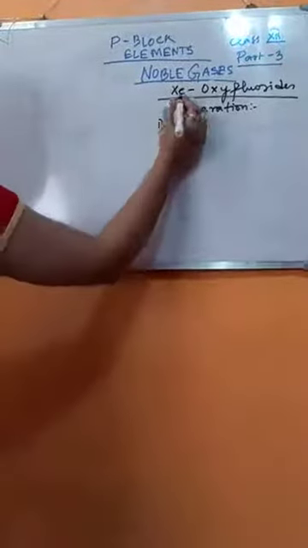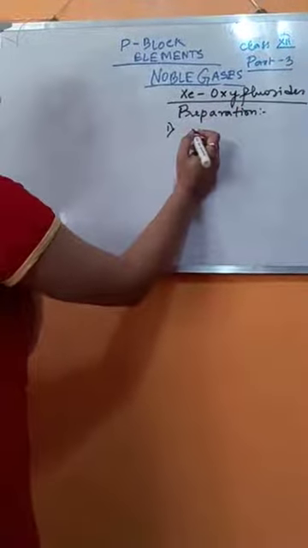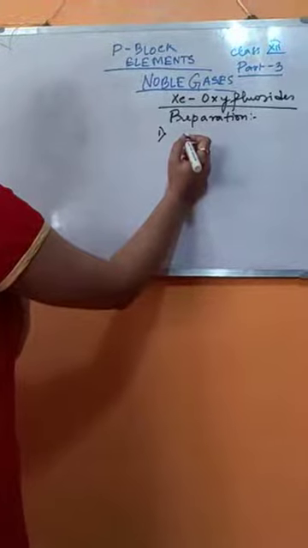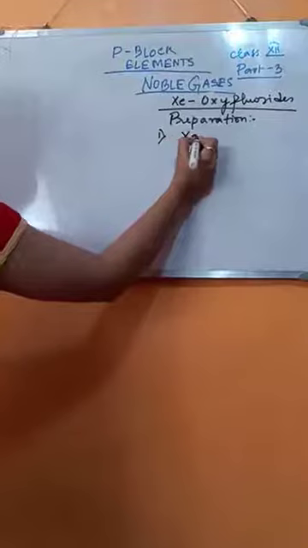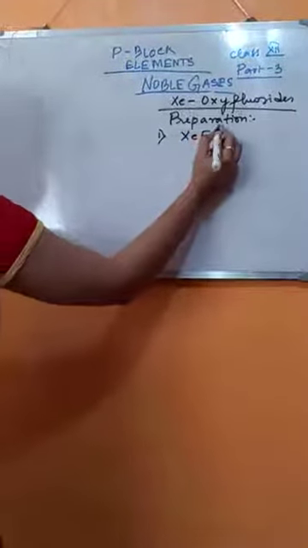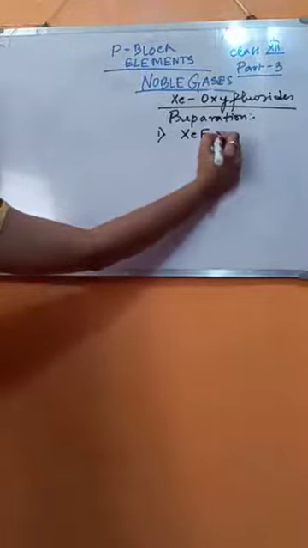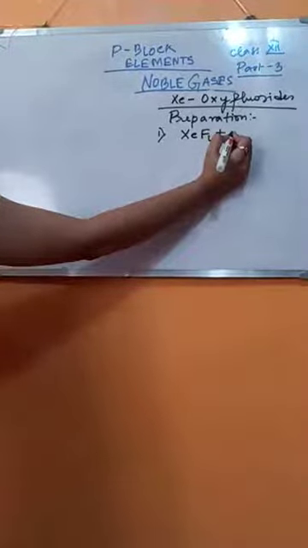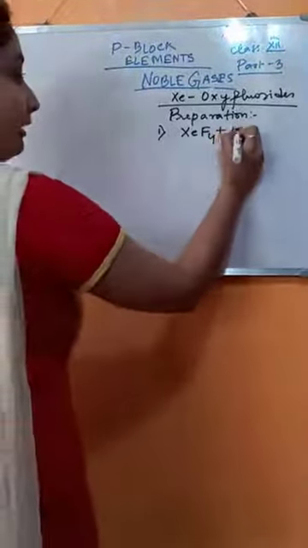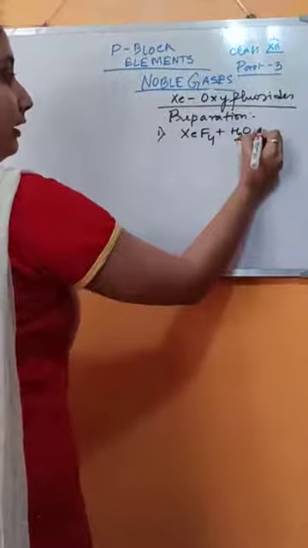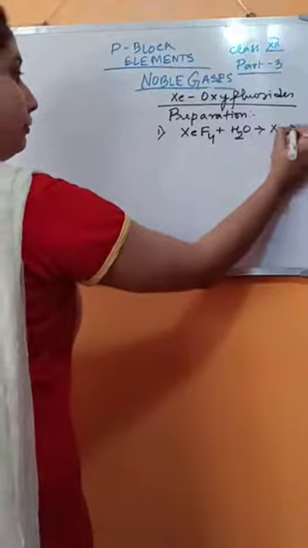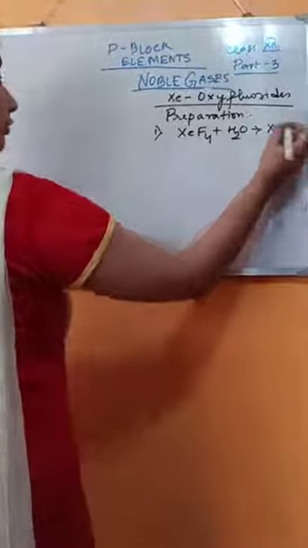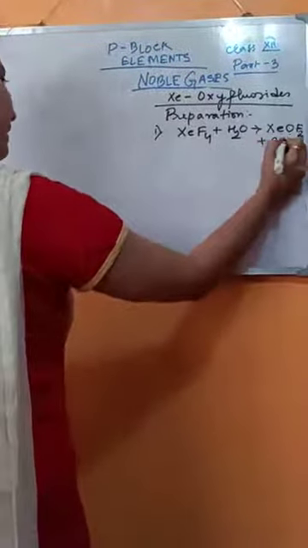Xenon oxyfluorides are formed by the partial hydrolysis of xenon fluorides. Let's see what happens. XeF4 undergoes partial hydrolysis to form XeOF2, along with that HF.